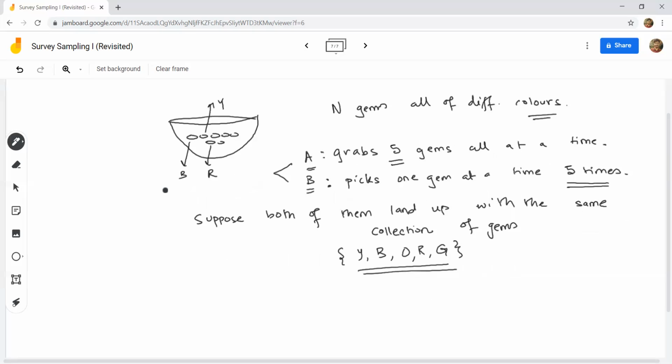So both the samples are equivalent for both the observers. Now, under these two schemes, will this event have the same probability?